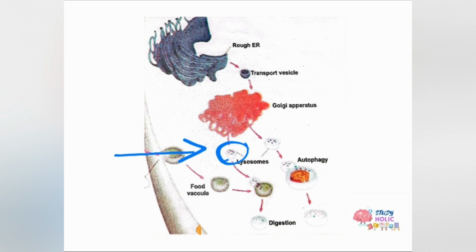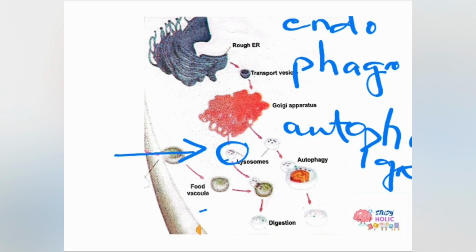If a food vacuole enters the cell via endocytosis, we regard it as endosomes. If it enters via phagocytosis, we regard it as phagosomes. And if autophagocytosis, it is regarded as autophagosomes. I have mentioned over here, if you can understand my writing, endosomes, phagosomes, and autophagosomes.